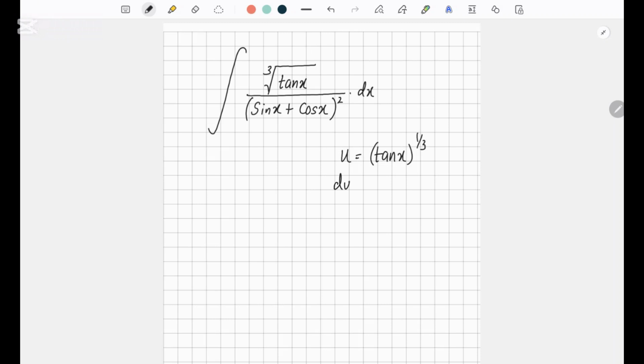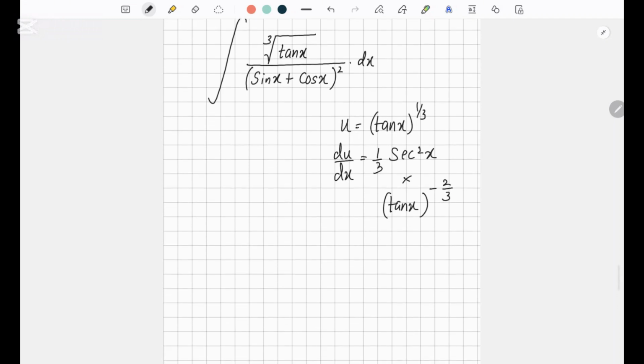So then du over dx, the differentiation would be, 1 over 3 comes down, you differentiate what you have inside the brackets, which is sec squared x, into tan x to the power 1 over 3 minus 1, which is minus 2 over 3, right? So you could rewrite this as sec squared x over 3 tan x to the power 2 over 3. So du over dx equals that.